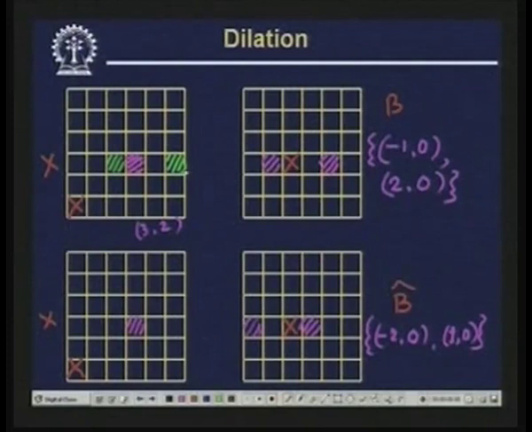So, these are the only 2 points, because if I add minus 1 0 to this particular point, I come to this green box, and if I add 2 0 to this point, I come to this green box. So, these are the 2 points which will be members of X dilation B following our first definition.